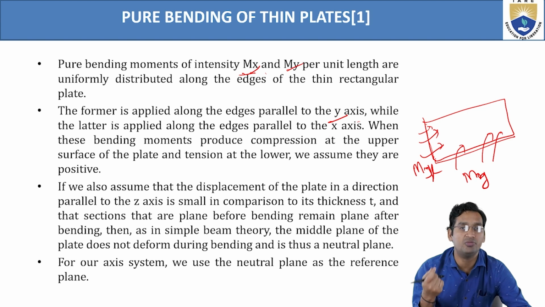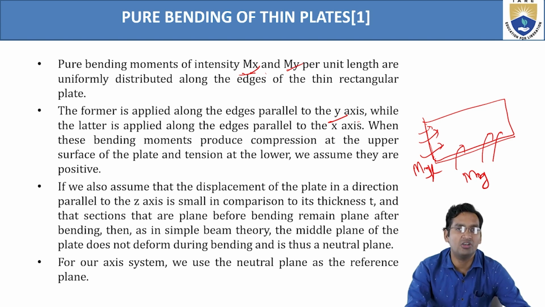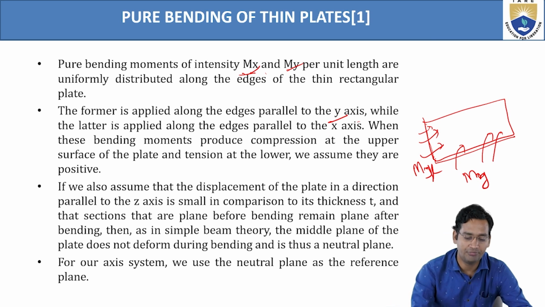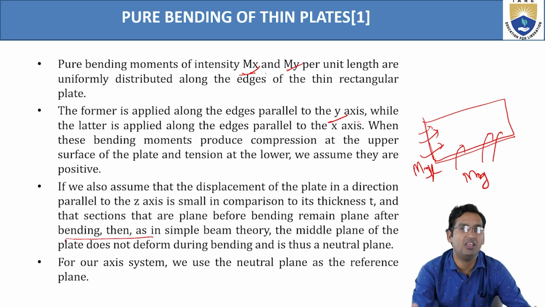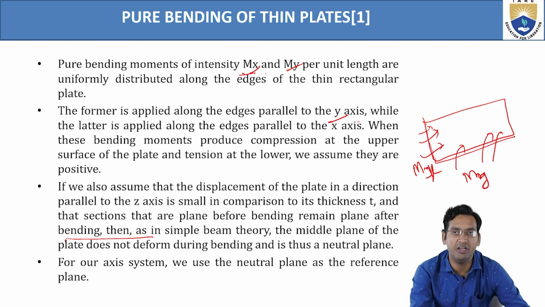Already the thickness is very small, and that displacement is even smaller than the thickness, so we can ignore that. And sections that are plane before bending remain plane after bending, as in simple beam theory, both before and after the bending, right?